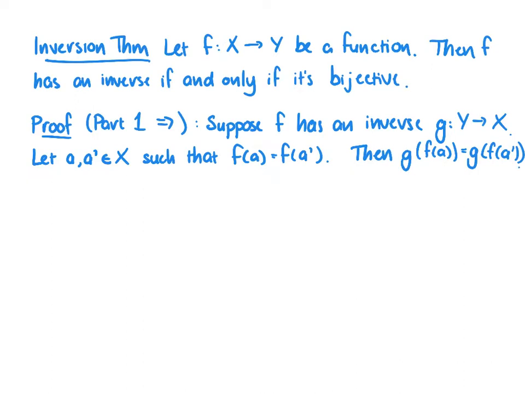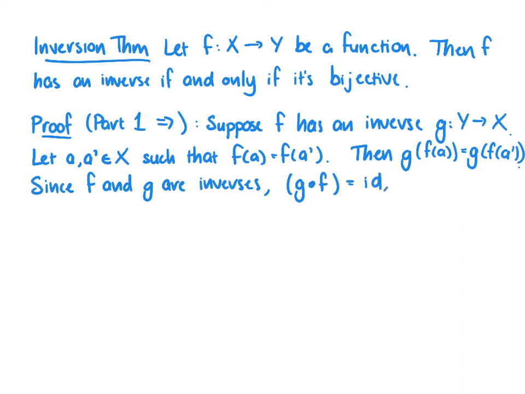But what do we know about g of f of a? Since f and g are inverses, we know that g composed with f is equal to the identity function on x.